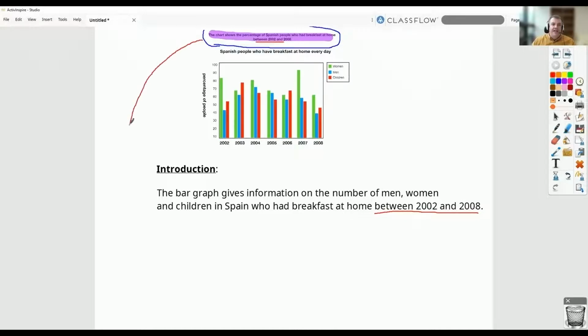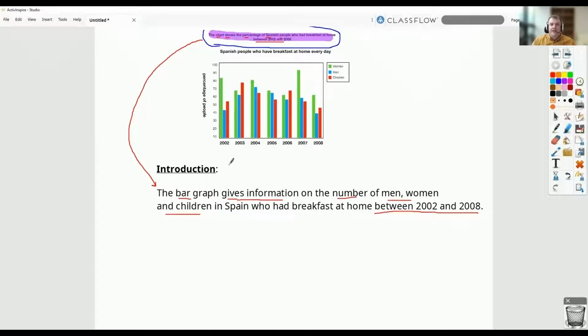Now, we've changed this, okay, what we've done. So to make your introduction, you have to paraphrase, you have to change this on the question when you get your question. So we changed chart to bar graph, we changed shows to gives, or gives information. We've changed percentage to number. We've changed people to men, women, and children.